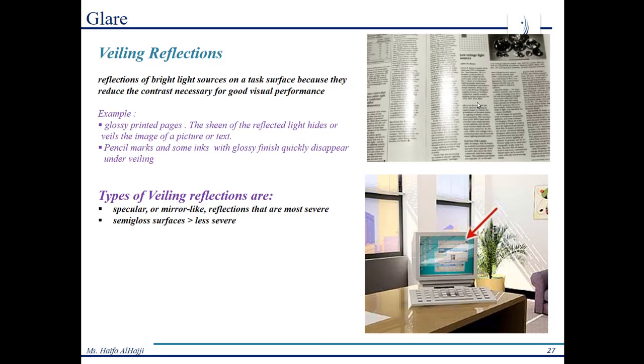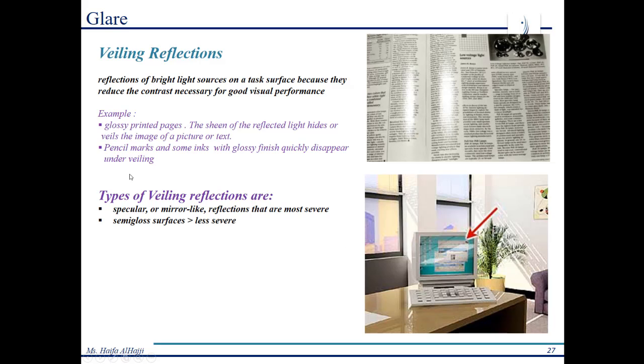Now we have something called veiling reflections. Veiling reflection is the type of indirect reflection happening on the visual task that is obscuring us, veiling us, from performing that task. For example, in here, it's hiding the letters. In here, it's reflecting and hiding the content, the screen of the computer.